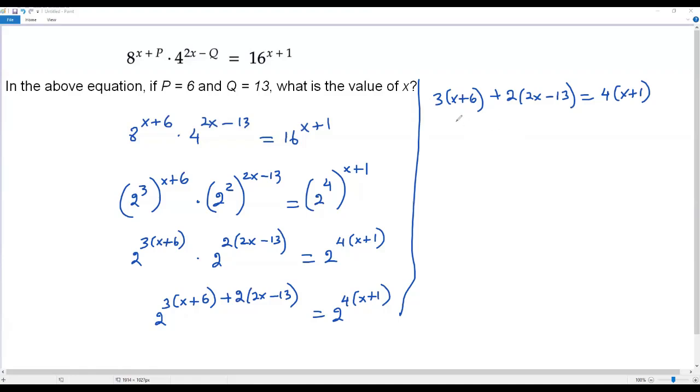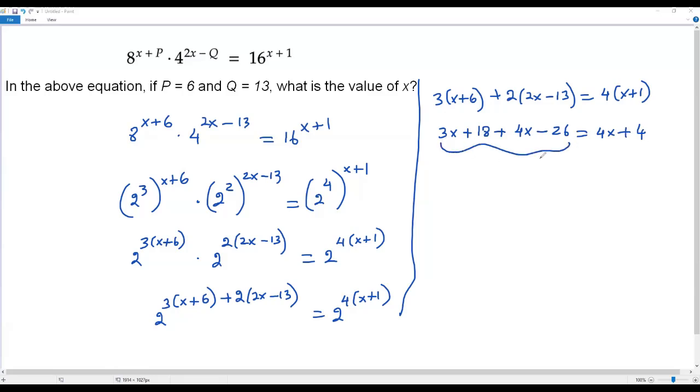Now we have to solve for x in this equation. For that, we have to simplify the expression on the left side. Let me distribute the 3 to x and positive 6. 3 times x is 3x, and 3 times positive 6 is positive 18. 2 times 2x is 4x, and 2 times negative 13 is negative 26. Here we can distribute the 4 to x and positive 1, and I'm getting 4x positive 4.